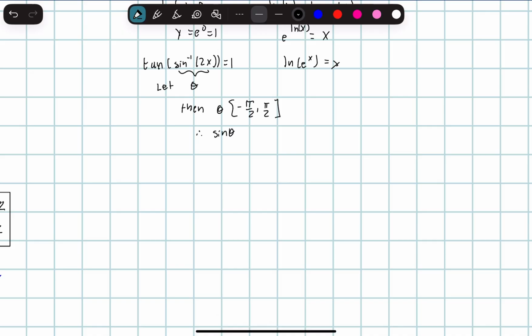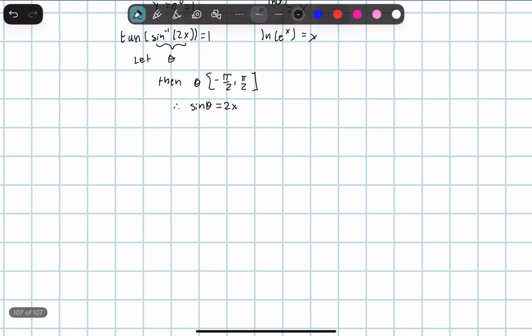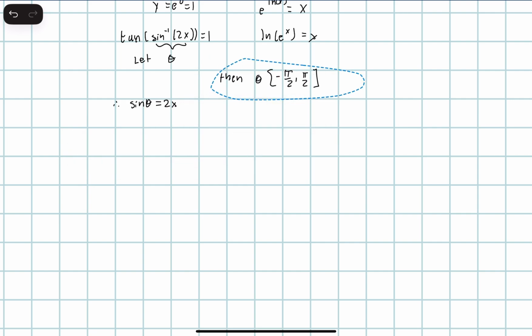Therefore, sine of theta is equal to 2x.